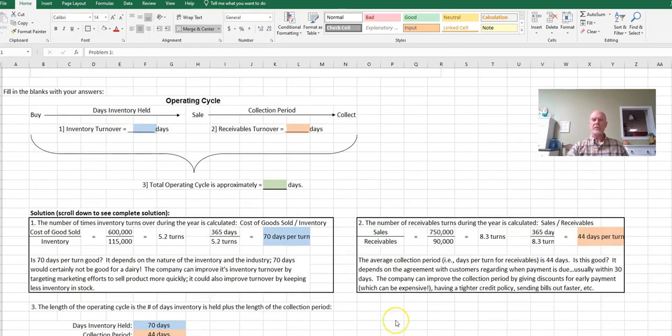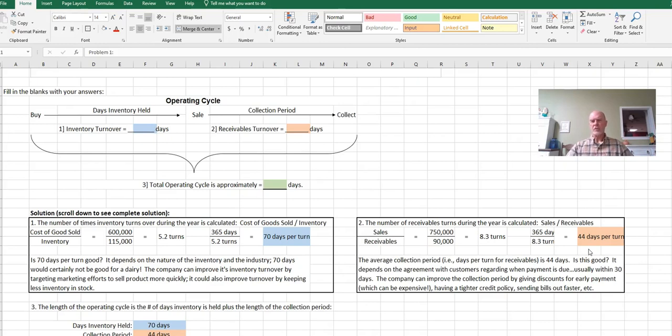And again, you can ask, is that good? And we look at that in its components. We've already looked at whether or not the 70 days was good. On the collection period, if you're sending your bills out and given a due date of 30 days, then a 44-day collection period is not very good.